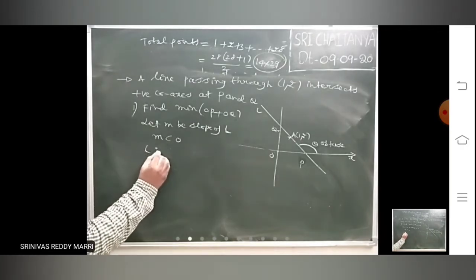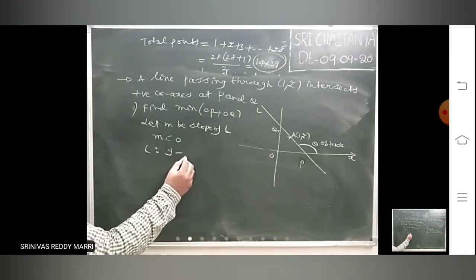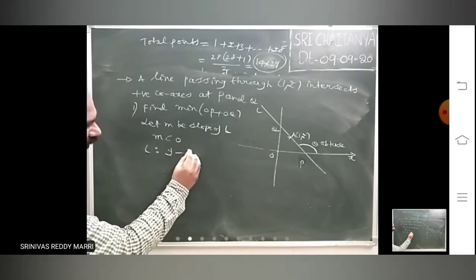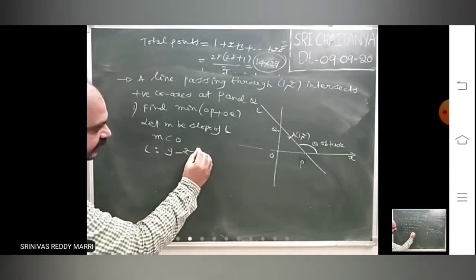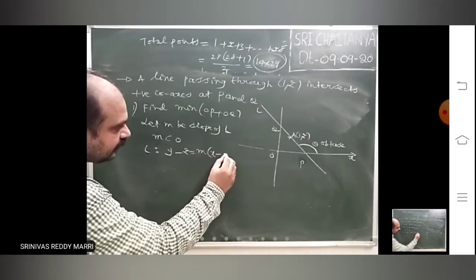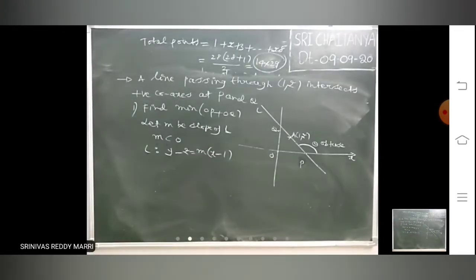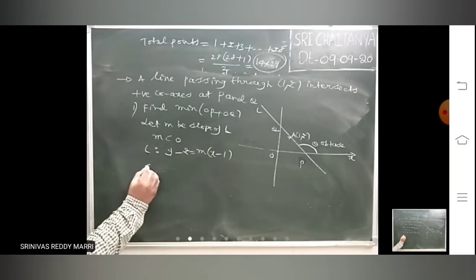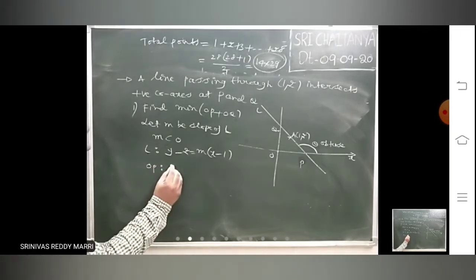Now, the equation of the line: y minus 2 equals m into x minus 1. Now I want to calculate OP.